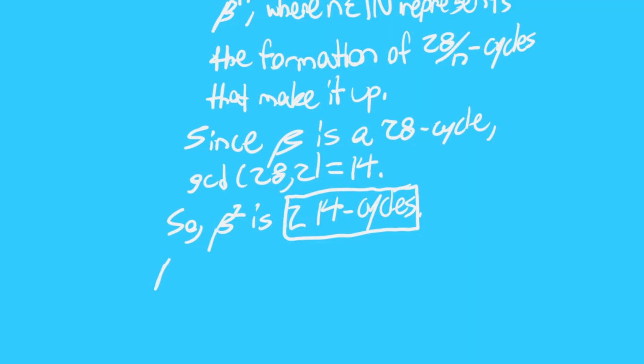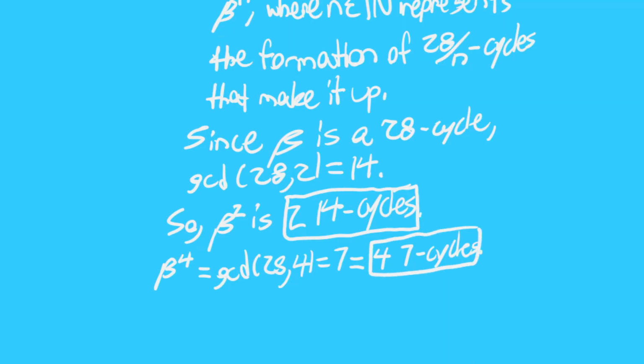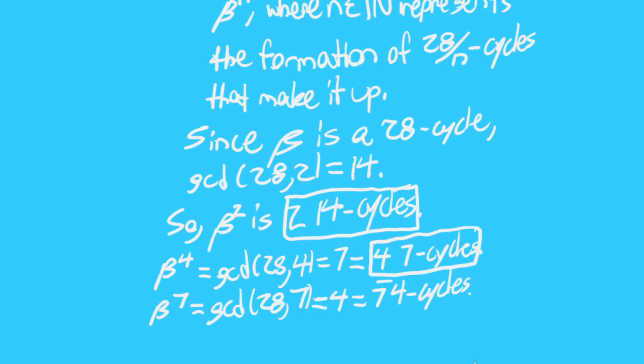And then for beta raised to the 4th, we have the greatest common divisor of 28 and 4 is 4. So we have 4 cycles. And then for beta raised to the 7th, we have the greatest common divisor of 28 and 7, which is 7. So that gives us 7 cycles. And yeah, that's all there is to this problem.